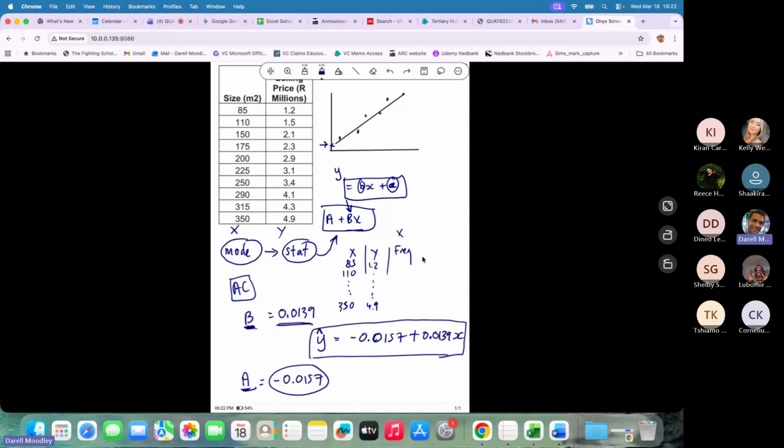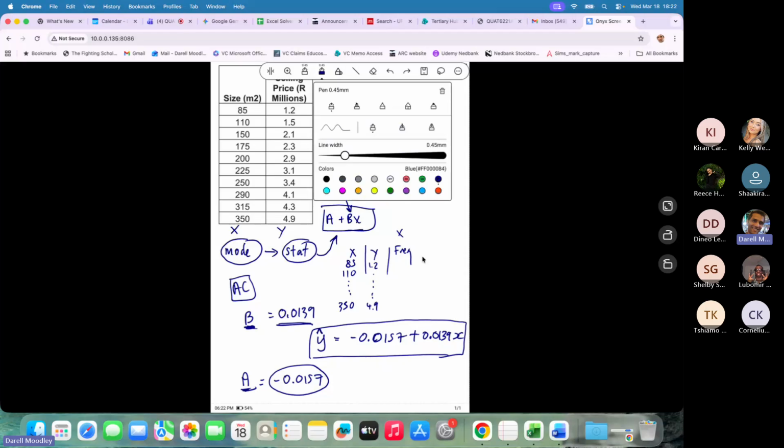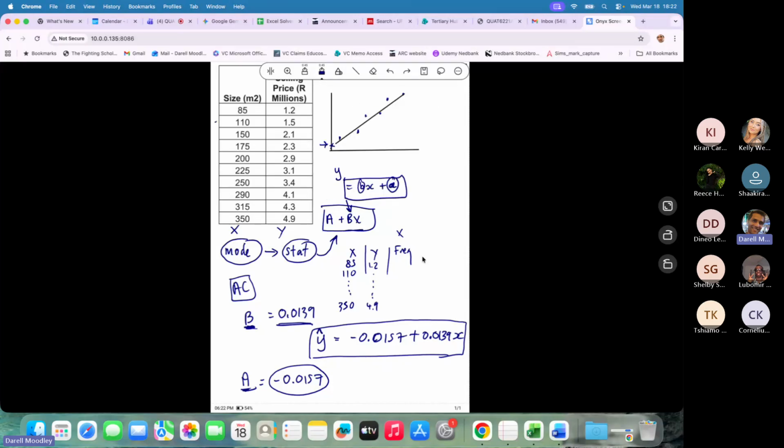So let's do an example. If you look at the data, we have a house that's 110 square meters in size, and then we have a house of 150. But we don't have a house that's 125 in size. So what price should we assign that?